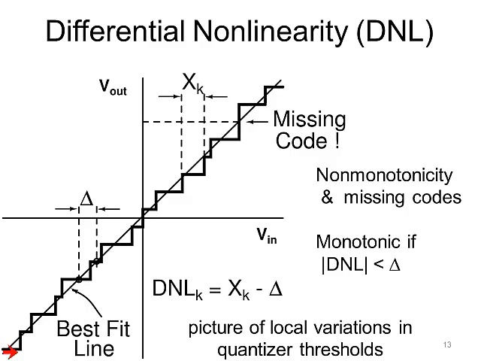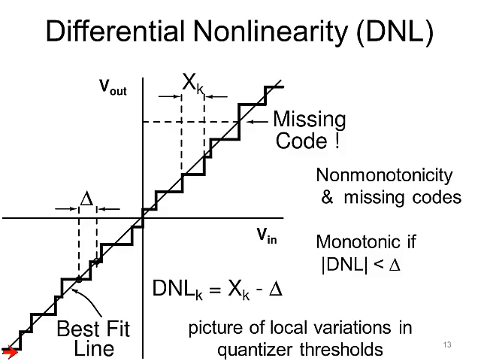In reality, of course, the step sizes are all different, and this difference in step size is quantified in two ways. One is what is called the differential nonlinearity, which quantifies the deviation in the step size from the ideal step.